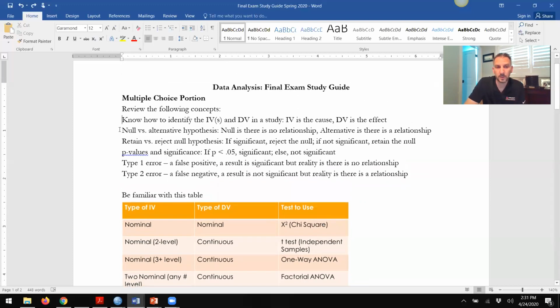All right, now the null versus alternative hypothesis. I would just encourage you to understand the basic idea, which is the null hypothesis is always that there is no relationship between the variables. The alternative hypothesis is that there is a relationship.